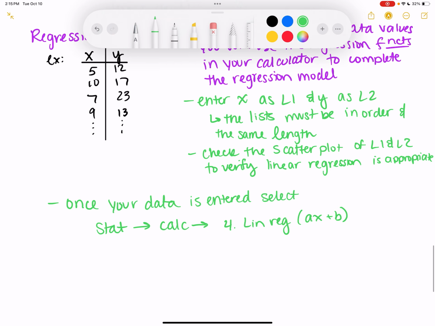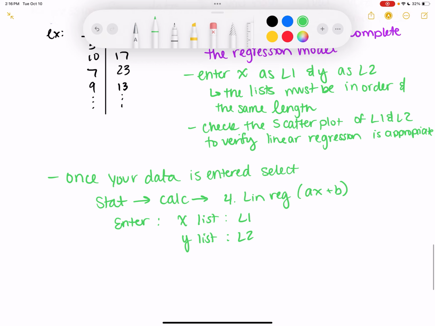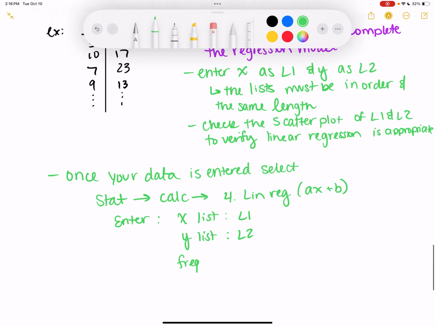Then it's going to ask you to enter XList, which is going to be L1. YList is going to be L2. Frequency list, leave blank. Store RegEQ, which is the regression equation.